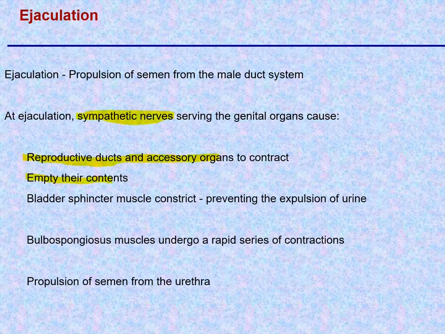At the same time, the sphincter muscle at the base of the bladder will contract and thus prevent any urine from being released. The bulbospongiosus muscle is the major muscle that undergoes rapid contractions to eject the semen, and you get propulsion of the semen out of the urethra. That's ejaculation.